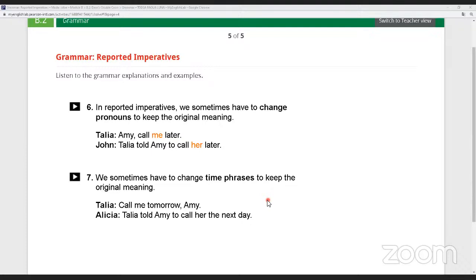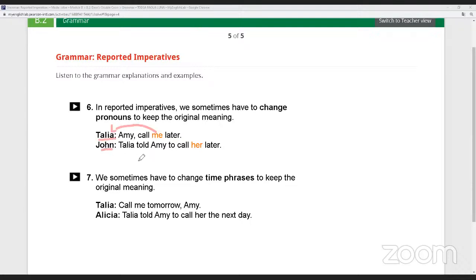So when we're going to make a piece of gossip, we actually change the pronouns, right? So, Amy, call me later. What does it mean? Talia is talking about herself, right?